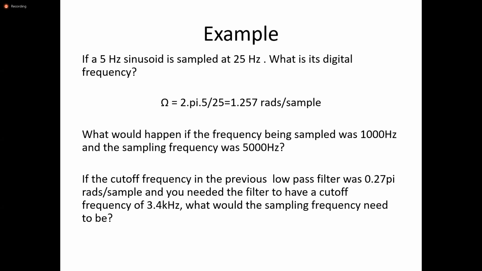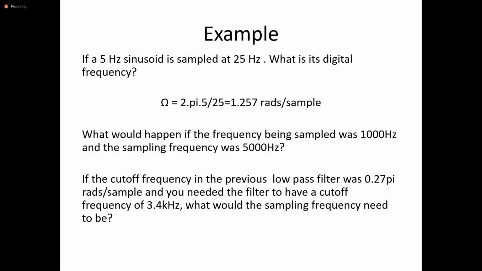It's just a frequency, but that's the frequency you want to cut off your signal at. Your signal should be attenuated 3 dB there. But the cutoff frequency in the filter that we designed is 0.27 pi.